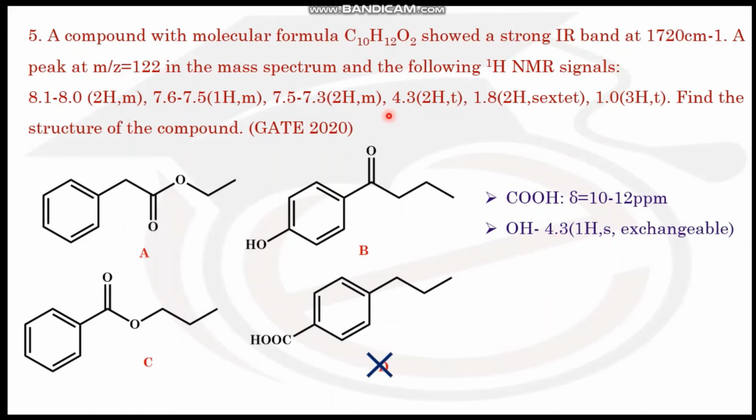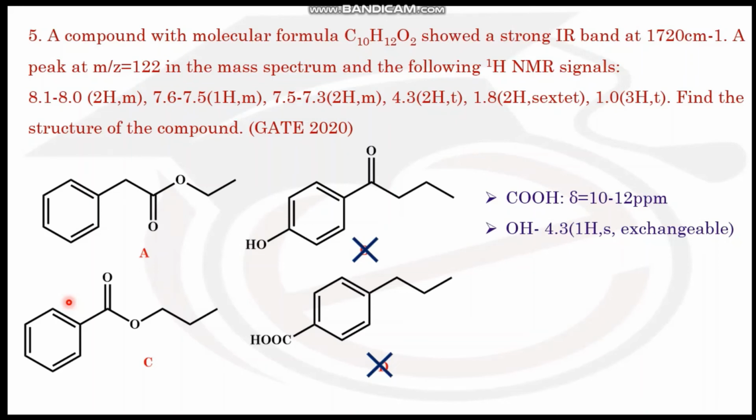Here also a 4.3 peak is there, but it is a 2 hydrogen triplet. An OH would be written as 4.3, 1 hydrogen singlet, exchangeable. There is no such peak in the given data, so we can eliminate option B. So very easily we eliminated two options, B and D.